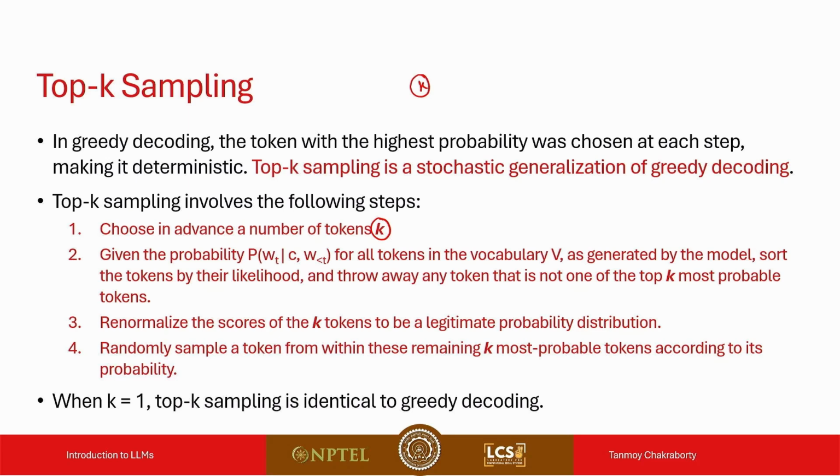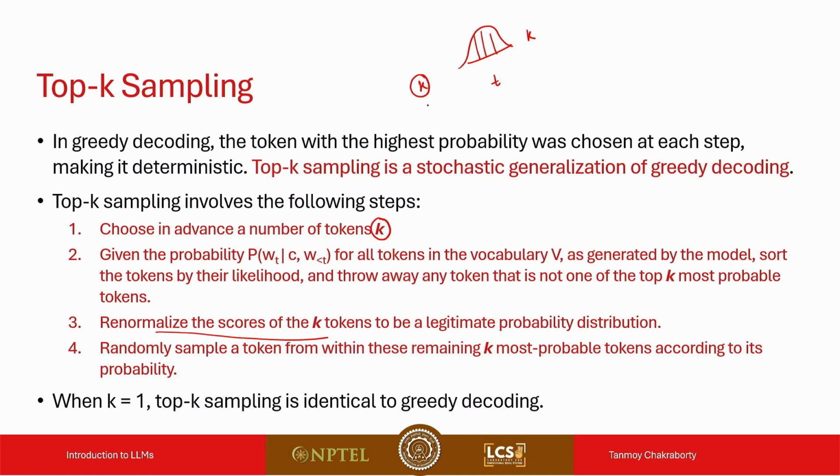At the t-th time, you have the distribution, you choose the top k highly probable tokens, and then you renormalize the probabilities of these k tokens.